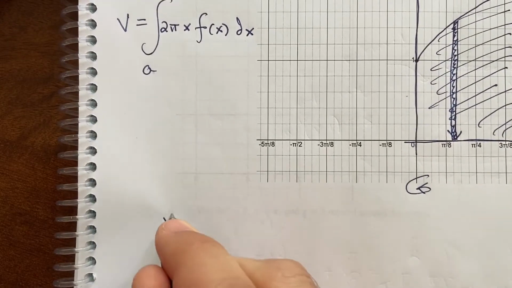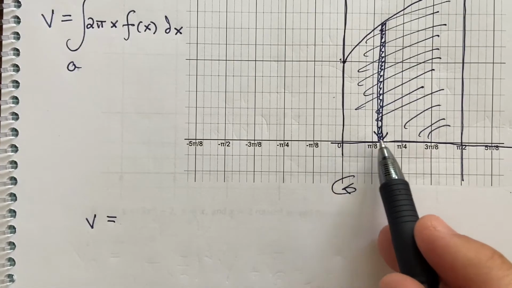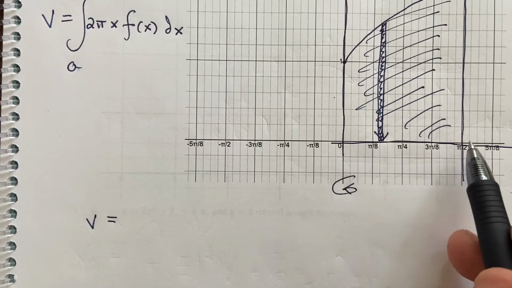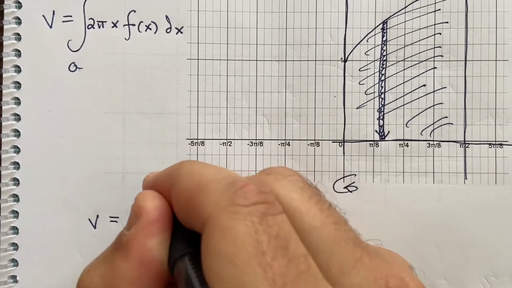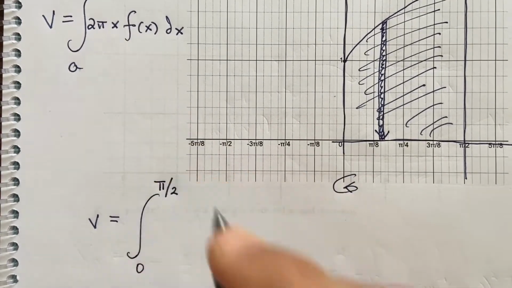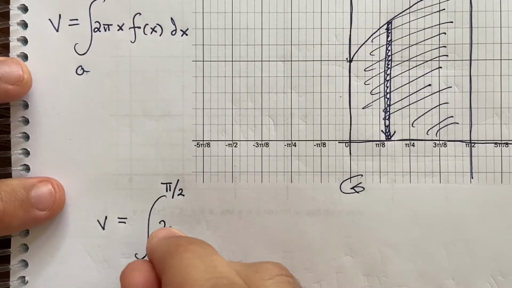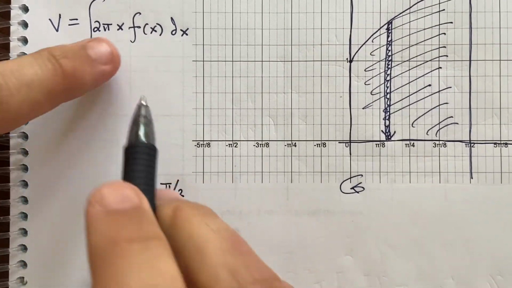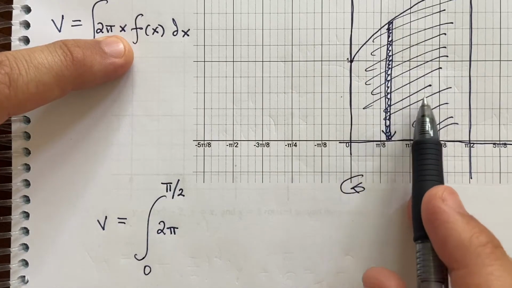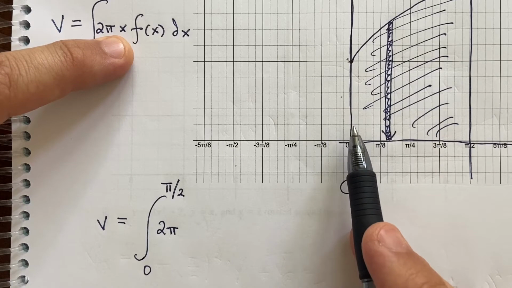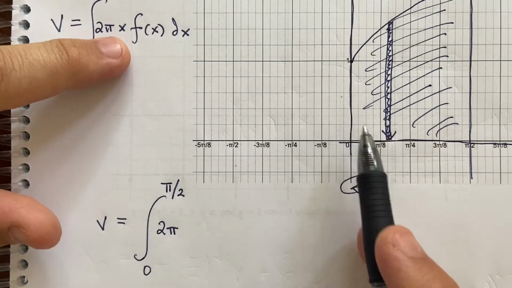So the volume will be, well, I'm integrating across x, so the region is just in existence from 0 to pi over 2. So I'll have 0 to pi over 2, and then it says to take 2 pi times x, where x is meant to be the radius, and since this region is attached to the axis that we're rotating around, I don't need to make an adjustment.